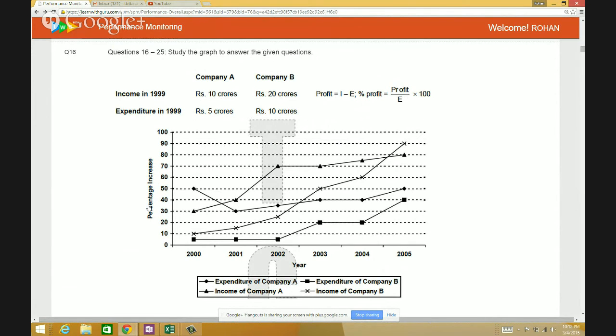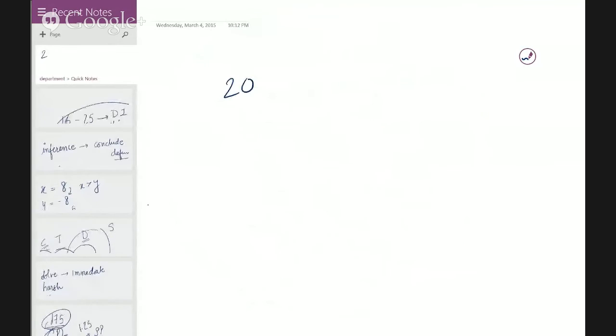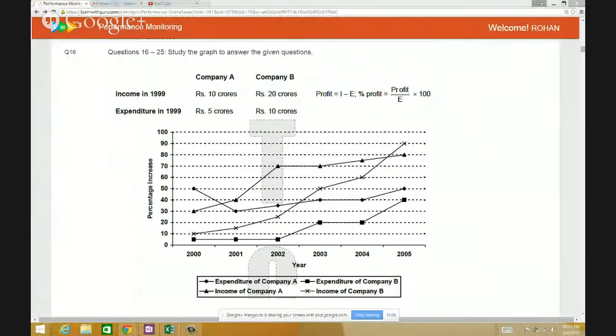The percentage increase applies to income and expenditure and everything. They've given income in 1999 as 20 crores, and the percentage increase is 10%. So 20 crores with a 10% increase is 11 by 10, which is 22 crores. So it should be 22 crores.